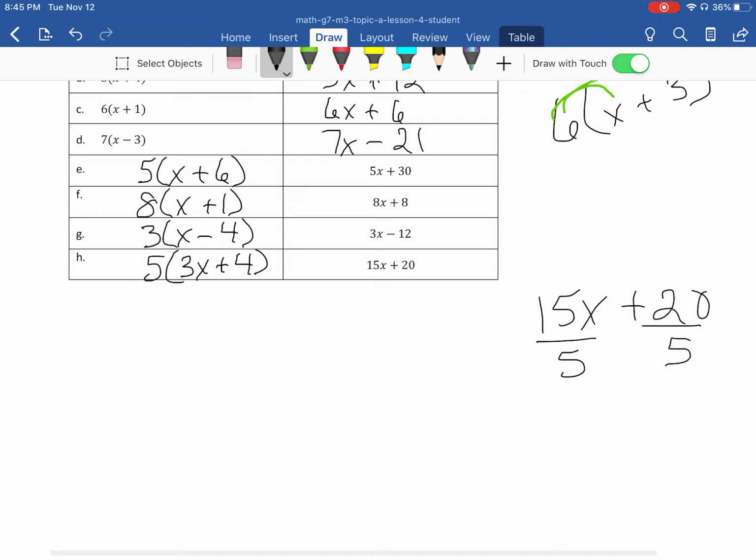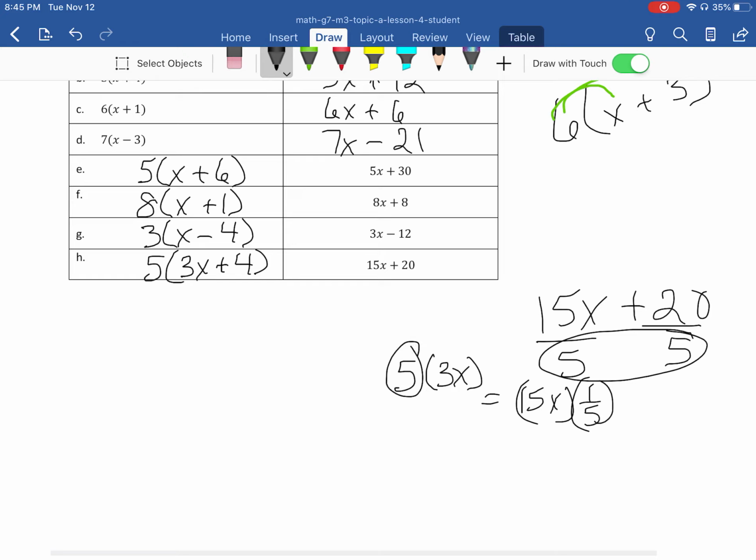And I know that 5 times 3x is the same thing as saying 15x times 1/5, or divide by 5. We're just like we've done before. So if I can find the same number to take out, that will become my number in front of the parentheses.